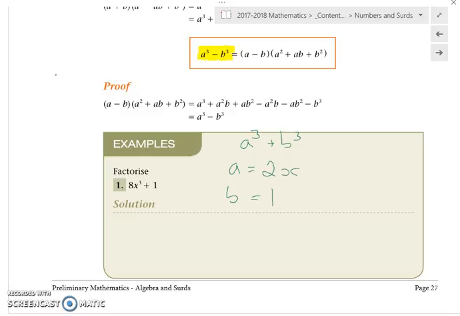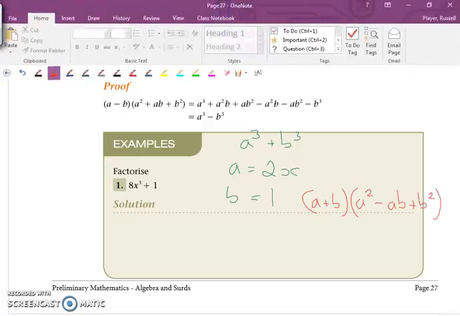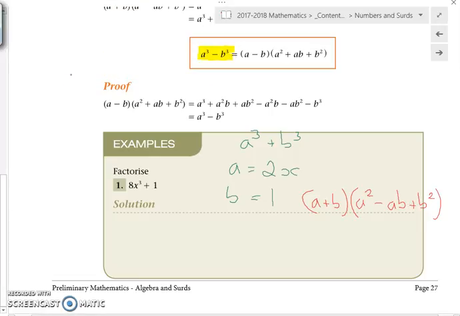Now, what's the form? Does anyone remember it off the top of their head? Anyone want to disagree with her? Because you've all read it. Okay, so now we just substitute it in. So what do we get?